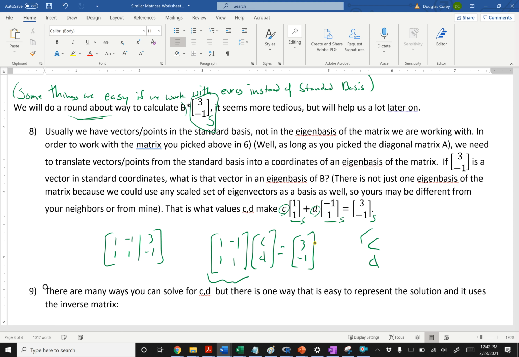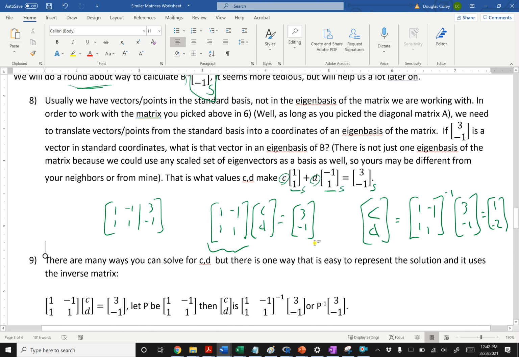So then I know the CD vector is going to be 1, -1, 1, 1 inverse, 3 and -1. It ends up being 1, 2, I think. 1 and a -2, maybe.